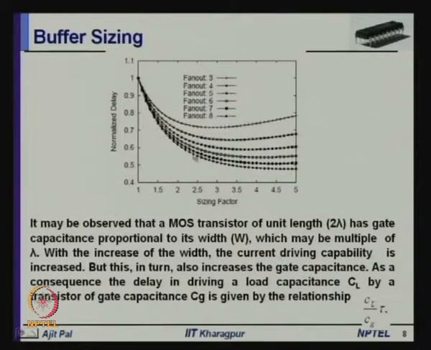That means when the fan out is 8, then you can see as you increase the size, delay reduces significantly. So, this is the delay is 50% of that of the initial condition. That means whenever the fan out is large, by increasing the buffer size, you can reduce the delay. When the fan out is small, there is no significant gain. So, usually sizing is not done.